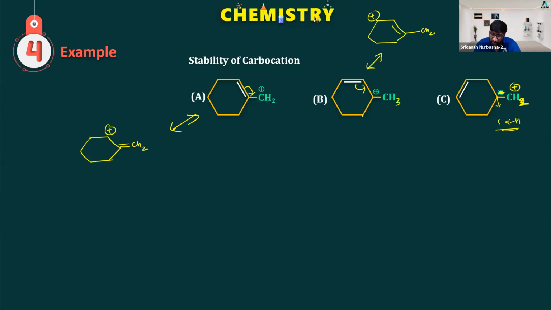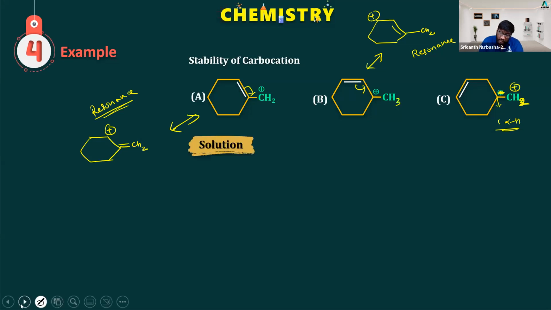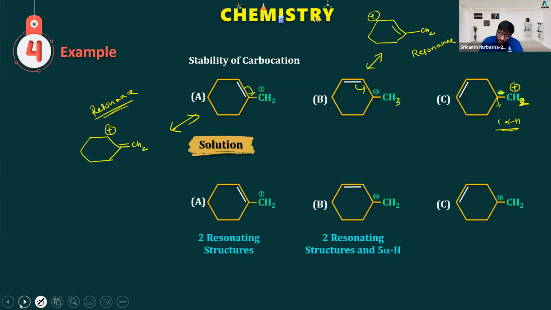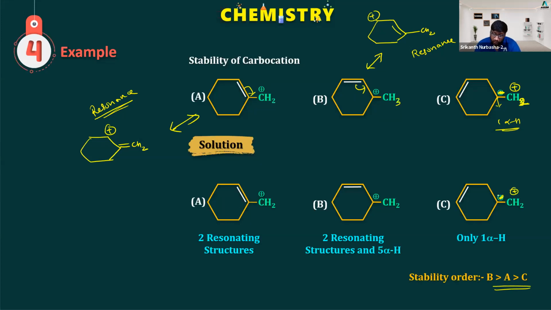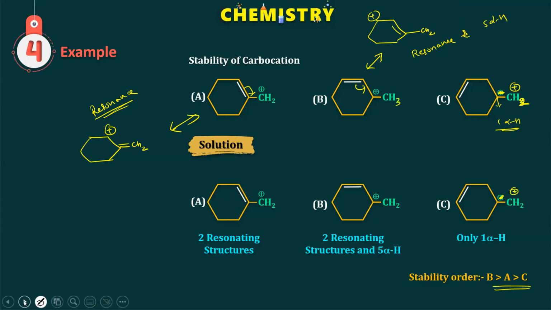How many? 3 plus 2, resonance and 5 alpha hydrogens. So B should be more stable, then A, and then C. B, A, C. This is CH2 with a positive charge on carbon, not on this particular carbon. Got it, students, everyone?